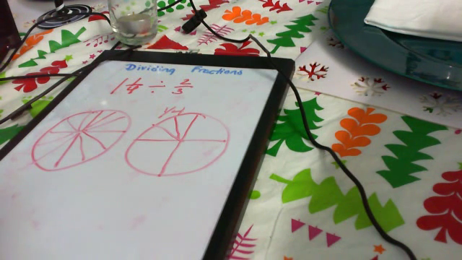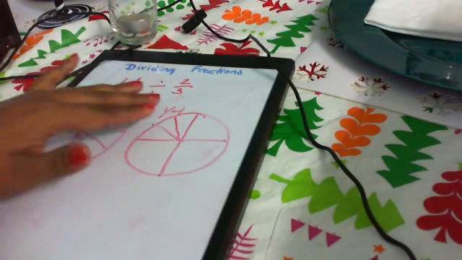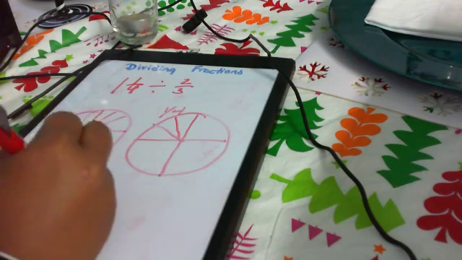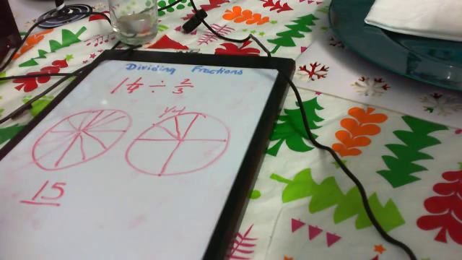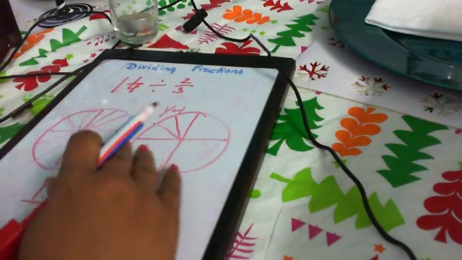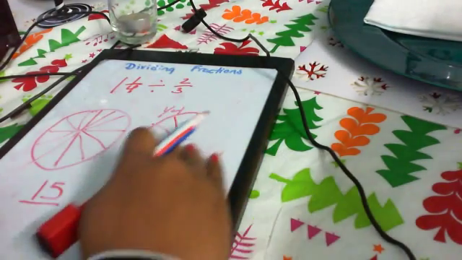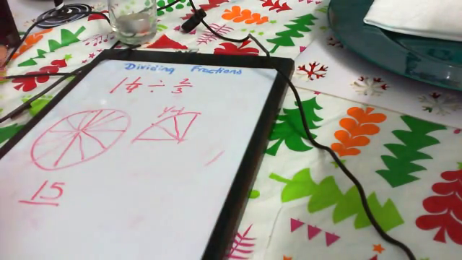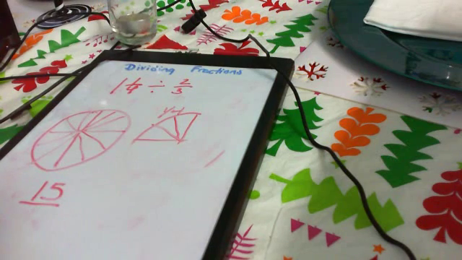So if I was to count all of these pieces, I would get 3, 6, 9, 12, plus 3 more is 15, which would be my numerator. That's the total number of pieces, because remember, we're not worried about this part of the circle. It's not there. We're only worried about 1 1/4.